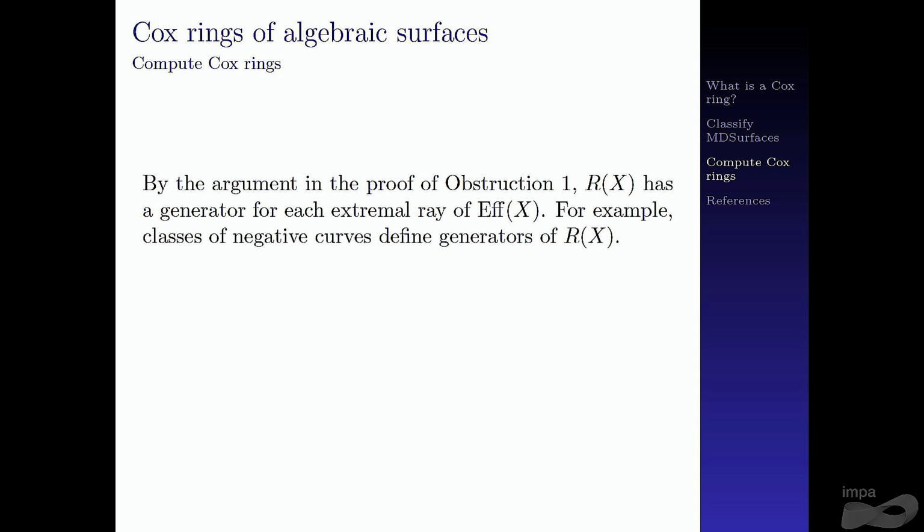Let me observe that the argument we have seen in the proof of the previous statement tells you even more, so it tells you something also about the generators.